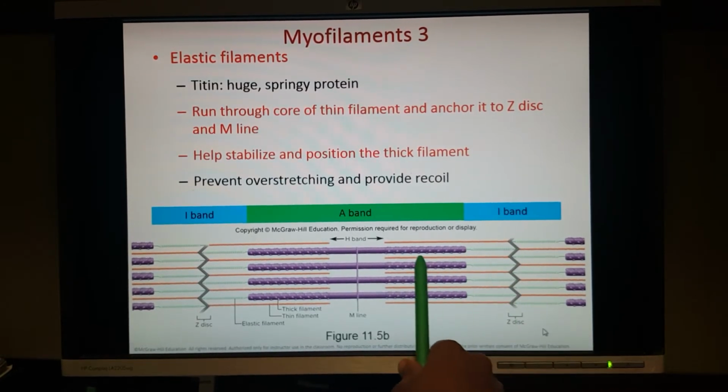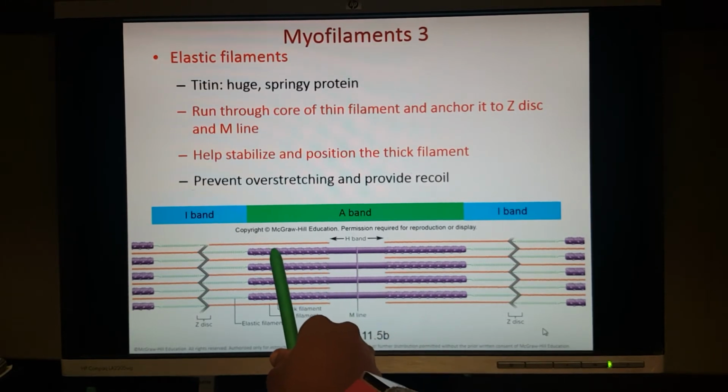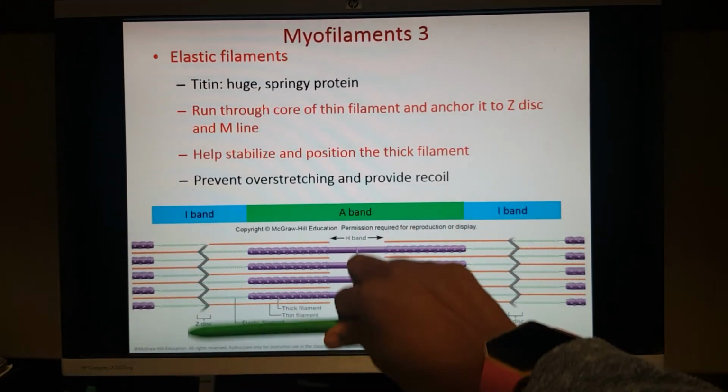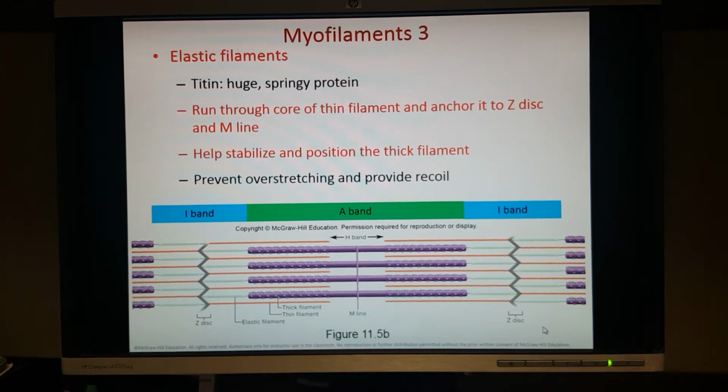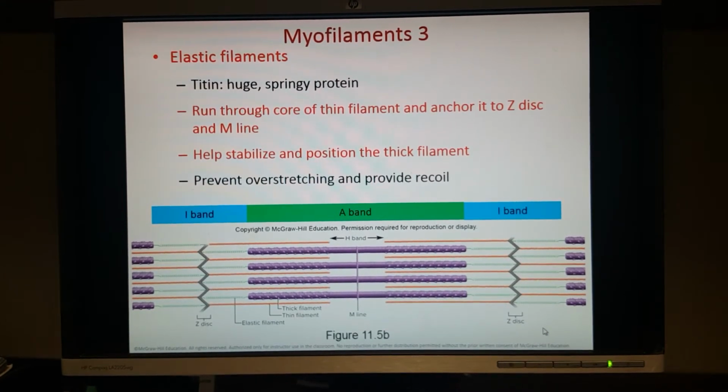They run through the middle of your thick filaments, so it helps to keep it in place, in the center portion of that myofibril. It helps to anchor it to your Z-disc, so everything stays in place. It helps to prevent overstretching, but also provides recoil, so again, it's elastic, it helps to spring stuff back in together.